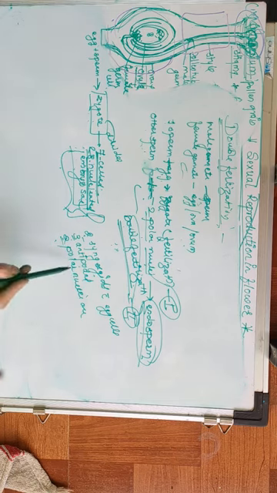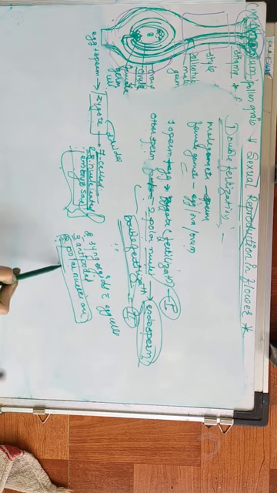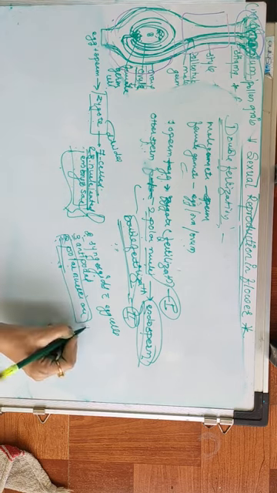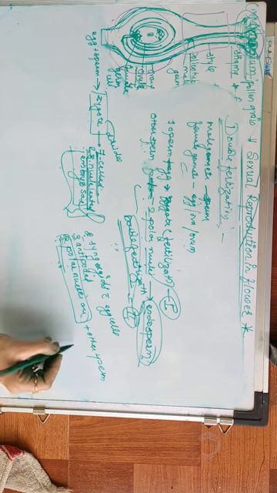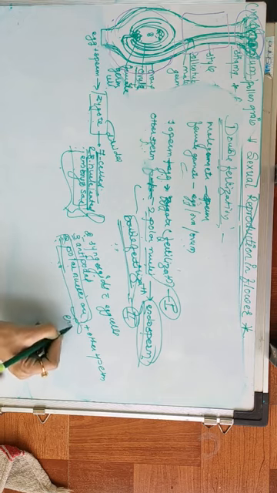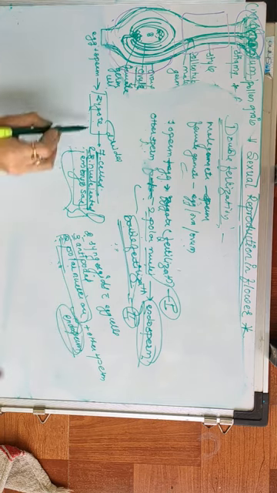Now these 2 polar nuclei fuse with the other sperm, and they form endosperm, and that endosperm gives nourishment to the zygote to grow.